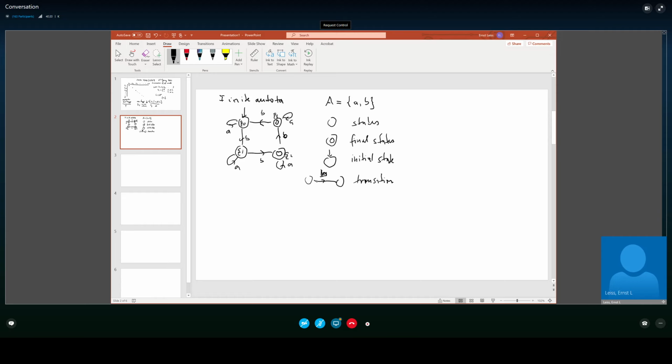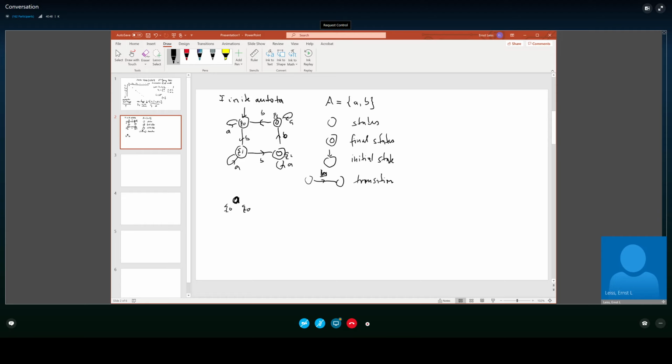Say I look at a word that starts with A, and I start in state Q0. From state Q0 under the letter A, there is a transition which gets us back to Q0.